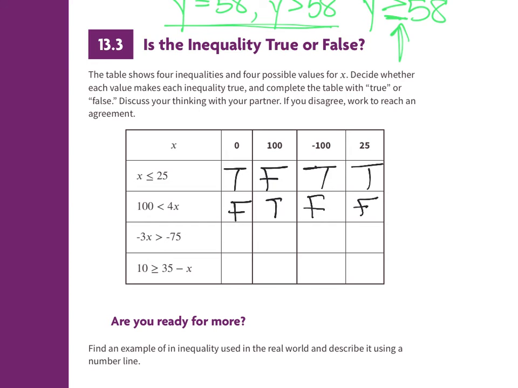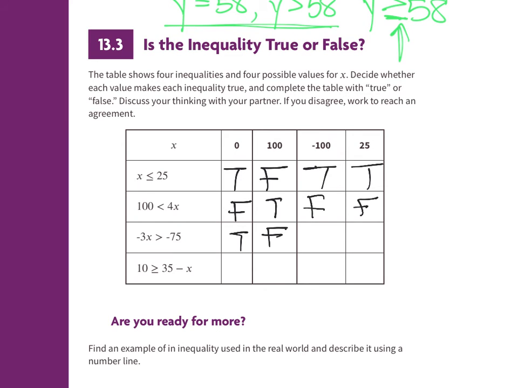Next one, negative 3 times x. So negative 3 times 0 is 0. So is 0 greater than negative 75? Yes, it is. Negative 3 times 100 is negative 300. So is negative 300 greater than negative 75? No, negative 300 is less than. So this is false.